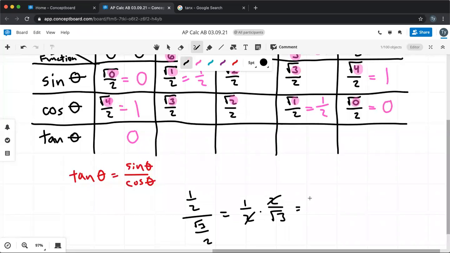These cross out, we're left with 1 over root 3, and we don't typically like radicals in the denominator, so we can rationalize, or I think it's called rationalizing this, by multiplying it by a fancy 1. Root 3 over 3 is just equal to 1. It's just a fancy way of writing 1. But when we do that, notice what happens on the bottom. Root 3 times root 3 is just 3. On top, we get root 3.